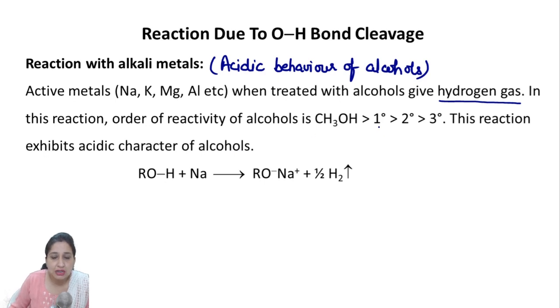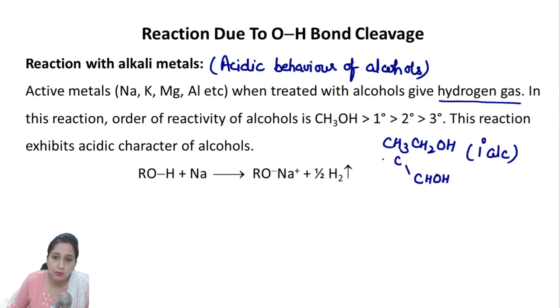So beta, what do you mean by 1 degree or primary alcohol? If the carbon to which the hydroxyl group is attached is further attached to only one carbon, like CH3CH2OH, this is an example of a 1 degree alcohol. But if this carbon is attached to two more carbons, this type of alcohol is known as 2 degree alcohol.